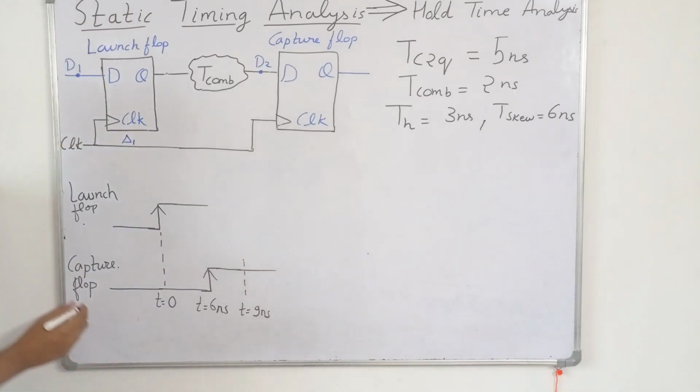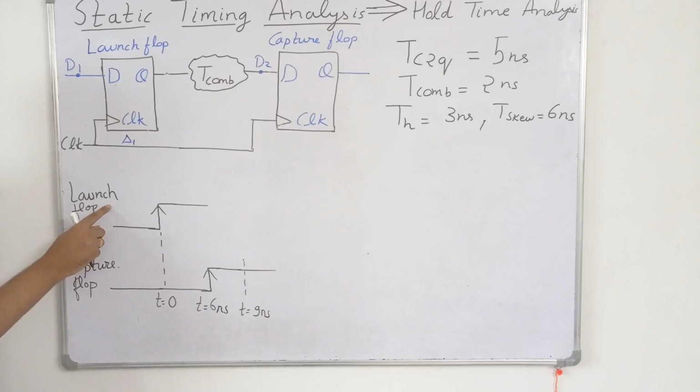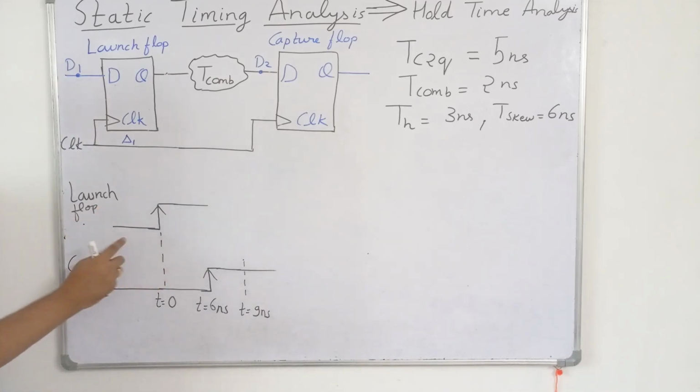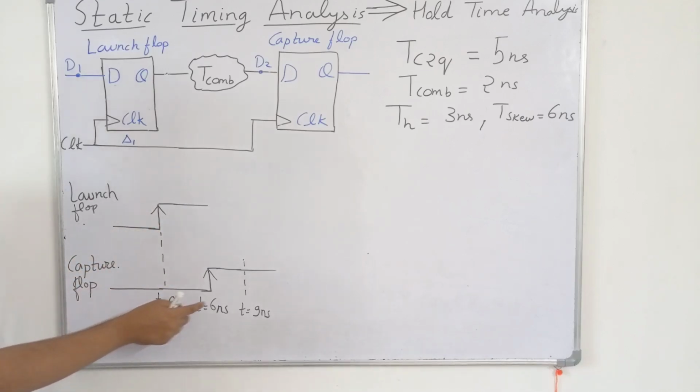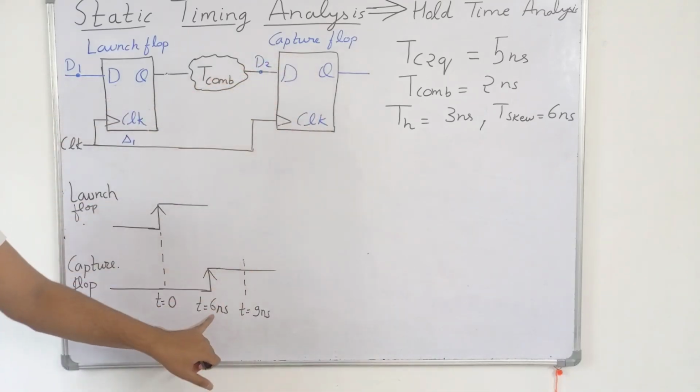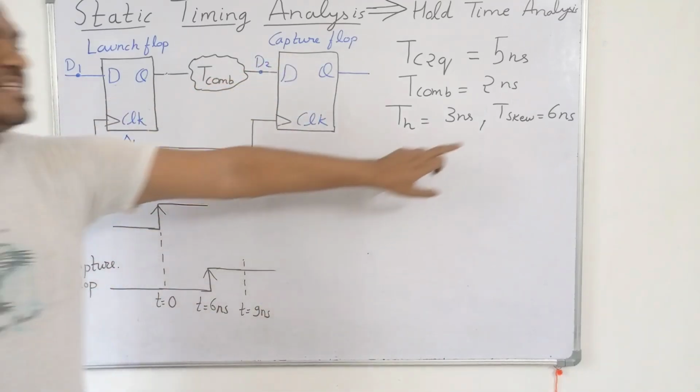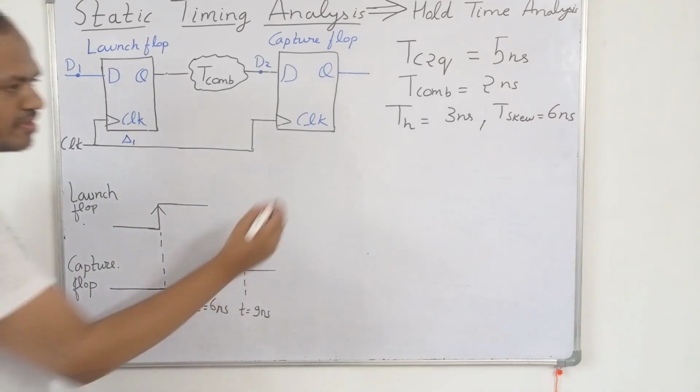So we are drawing the waveform at the launch flip flop and the capture flip flop. Let's suppose that the clock pulse arrives at the launch flip flop at t equal to 0 nanoseconds. So it will arrive at the capture flip flop at t equal to 6 nanoseconds, because there is a clock skew.